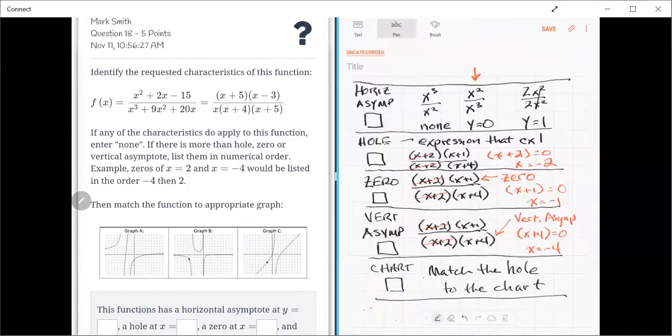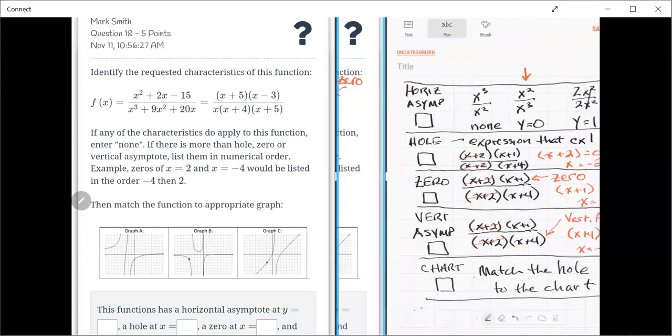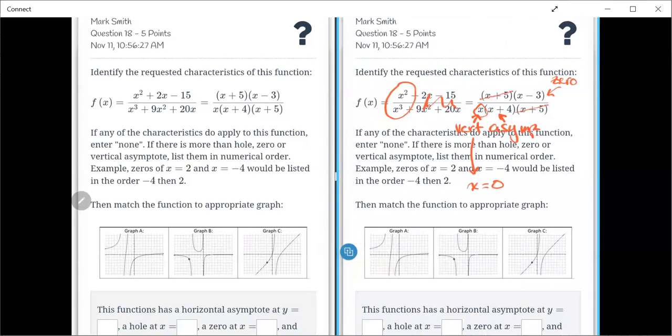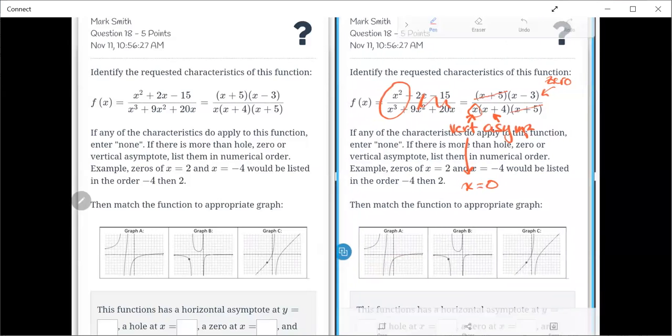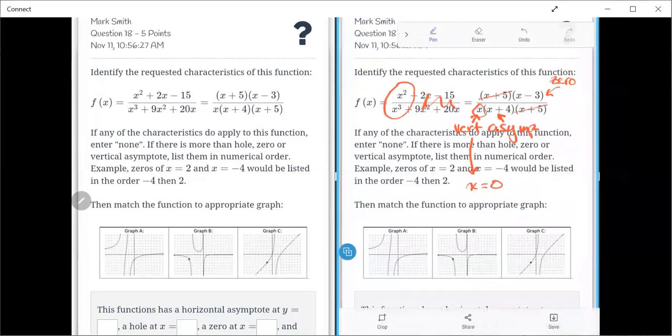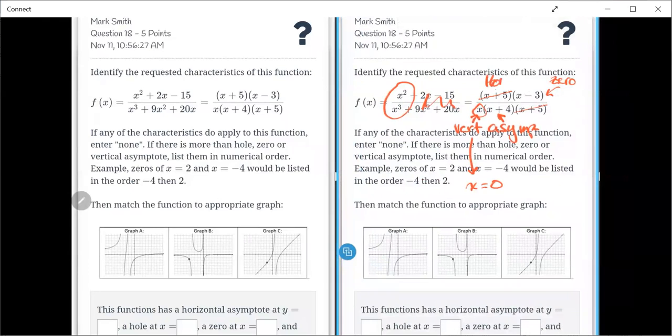The last thing is how to do the chart. So to match the chart, you match the hole. In this one, our hole was at x plus 5, and that meant that our hole was at x equals -5.